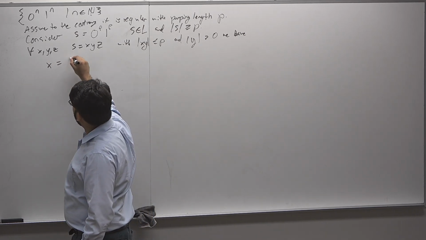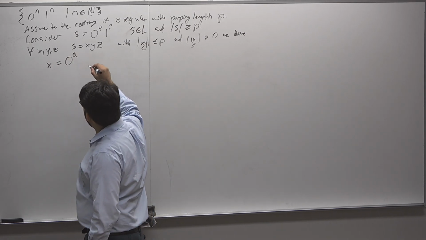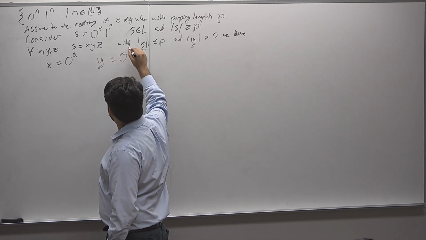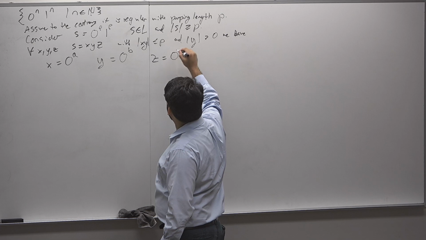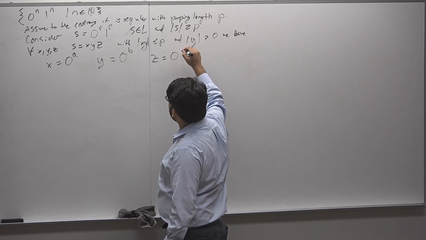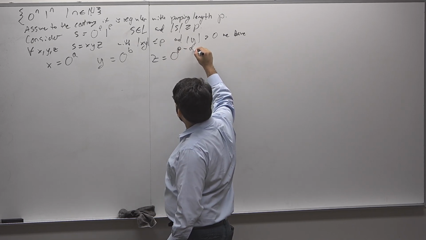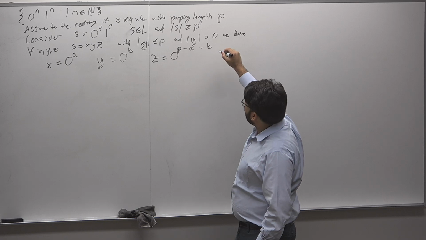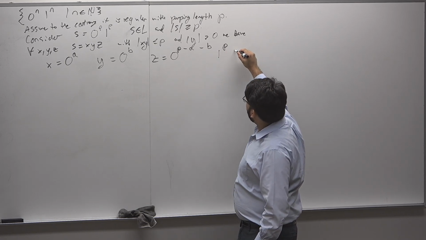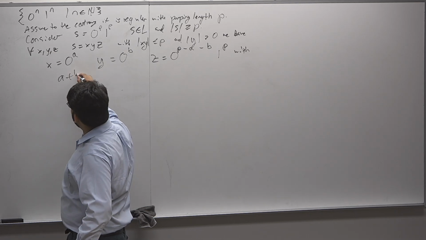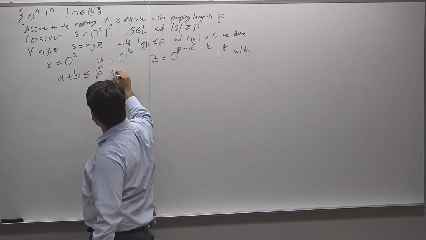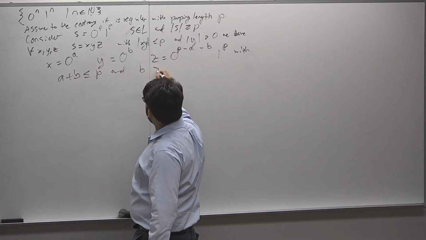X is equal to 0 to the a, y is equal to 0 to the b, and then z is equal to 0 to the p minus a minus b, 1 to the p, with a plus b less than or equal to p, and b greater than 0.